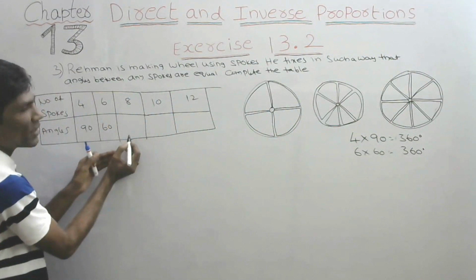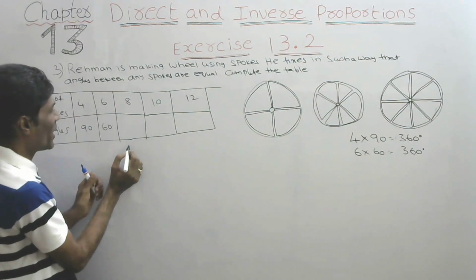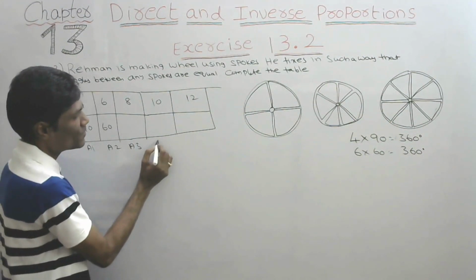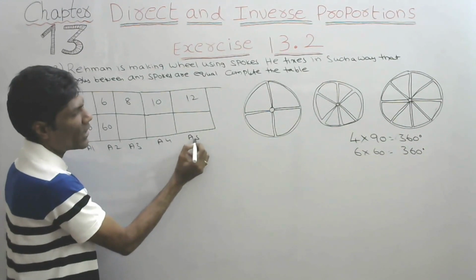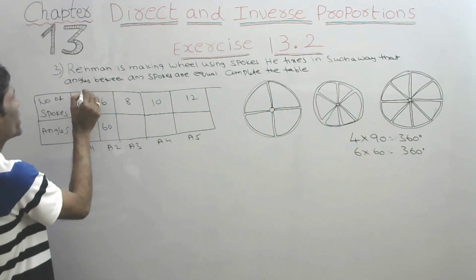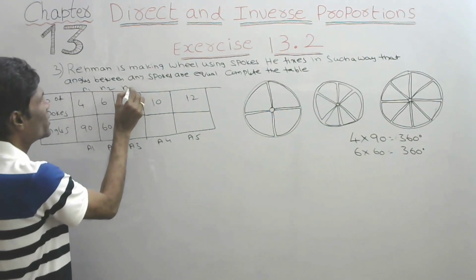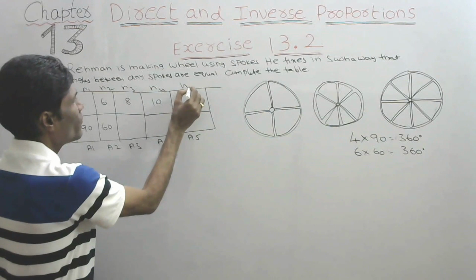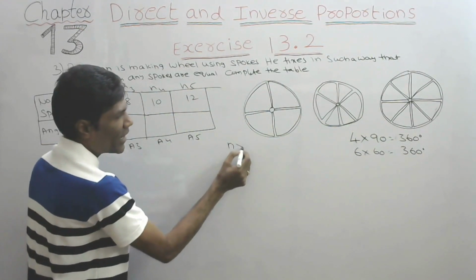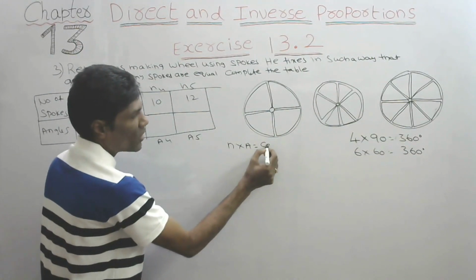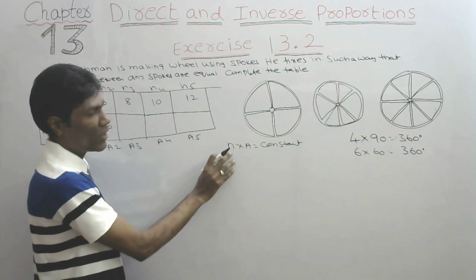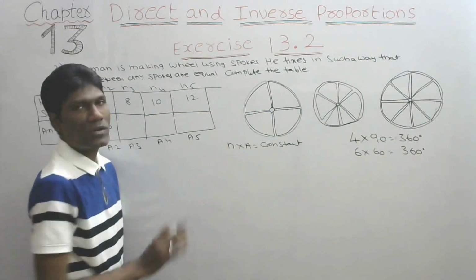So here, say for example, this is A1, angle 2, angle 3, A4, A5. Say for example, this is the number of spokes, N1, N2, N3, N4, N5. So here the concept is N into A equal to constant. Number of spokes into angle equal to constant.